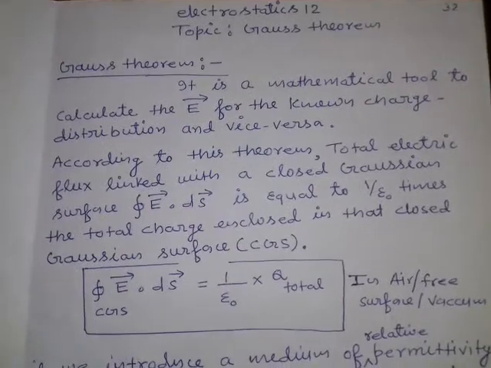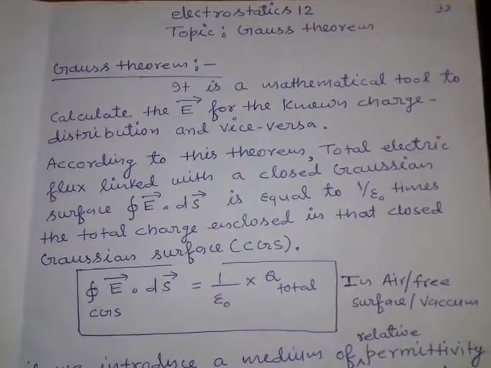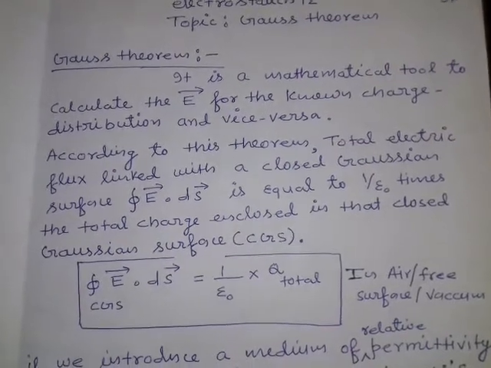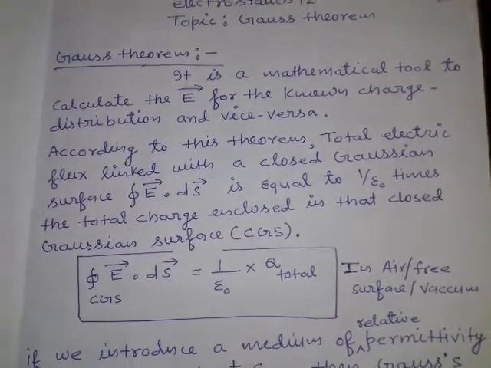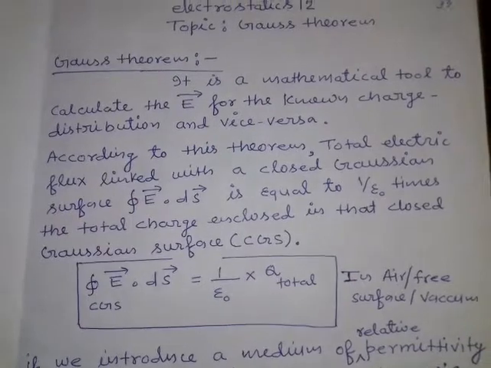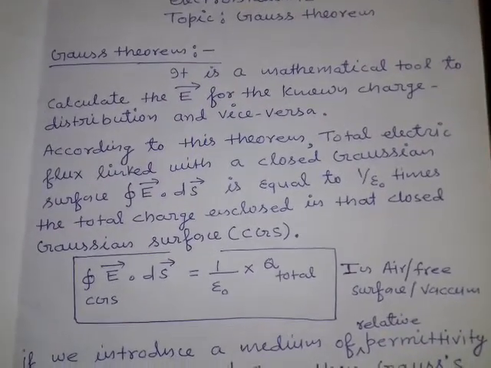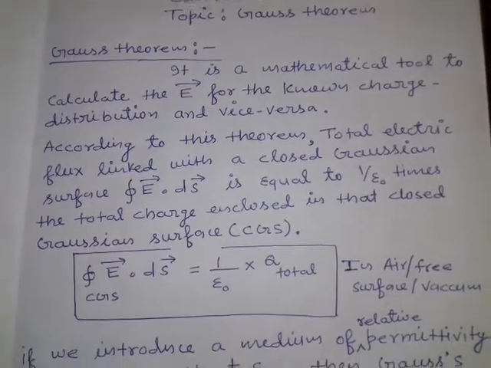And if you know the value of electric field intensity in space at some region, you can also calculate the source charge distribution of this electric field with the help of this Gauss theorem.